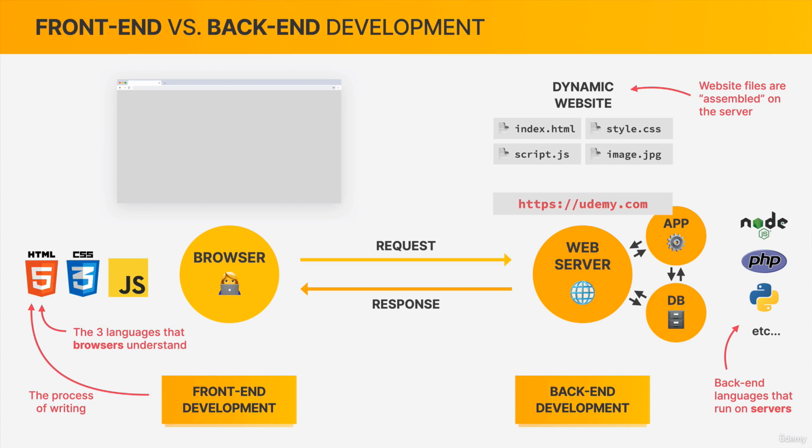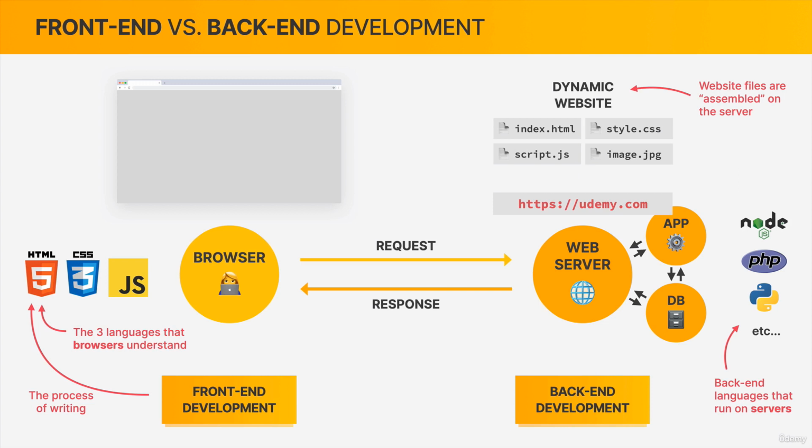Now, on the other hand, if Udemy was a static website, then the website files would already be sitting on the server, just waiting for someone to access them. Okay?